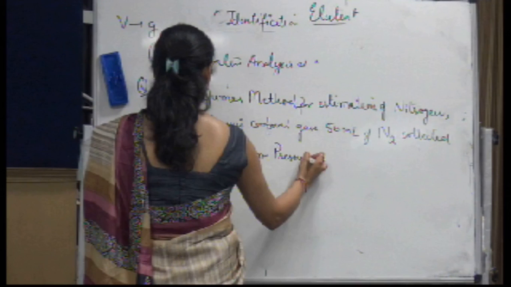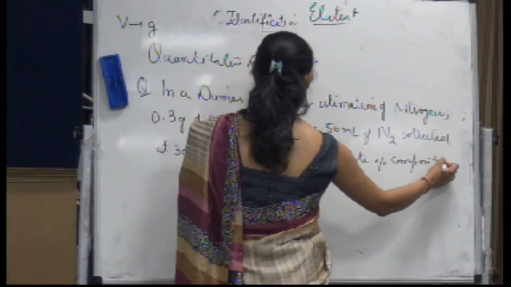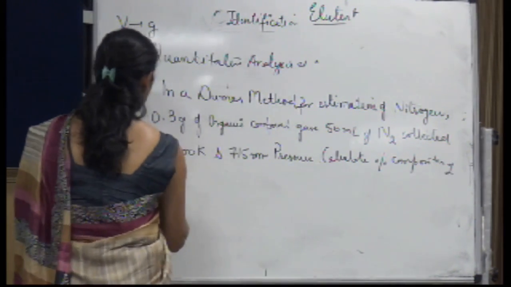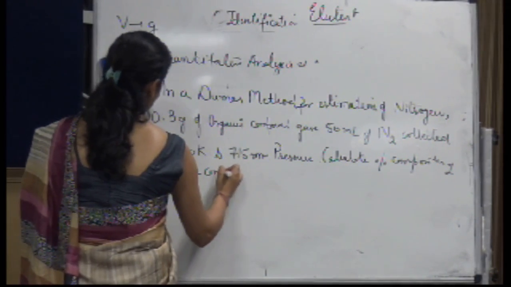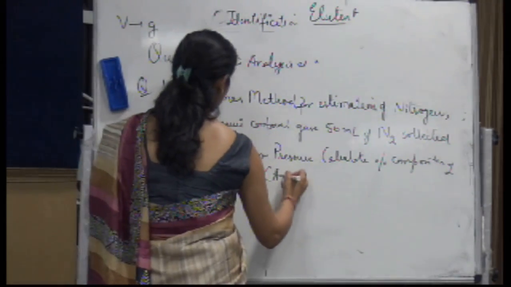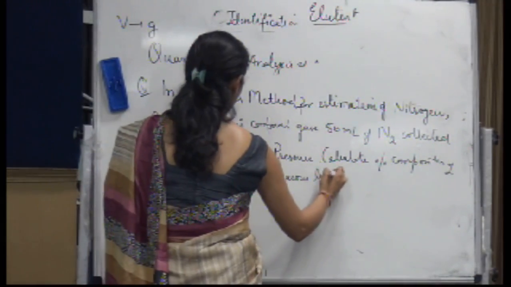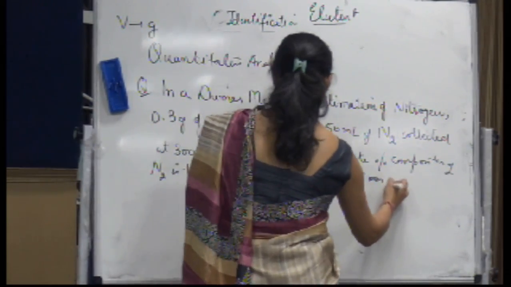Calculate the percentage composition of nitrogen in the compound. The aqueous tension is given as 15 mmHg.